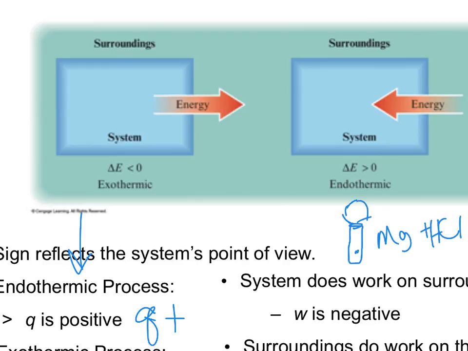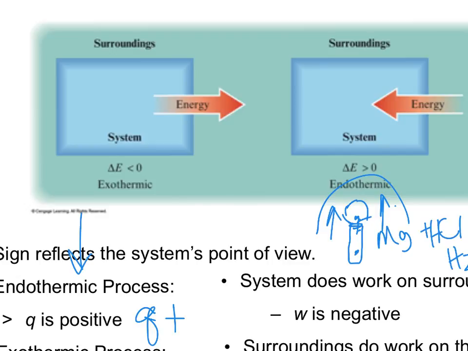When I start that reaction, we know that it's a single replacement reaction, and we're going to produce hydrogen gas. In order for the hydrogen gas to fill up this balloon, it's going to have to push against the pressure of the atmosphere. That system is doing work. Producing gas is the only way a chemical system can do work.